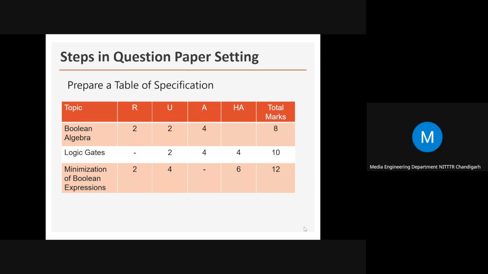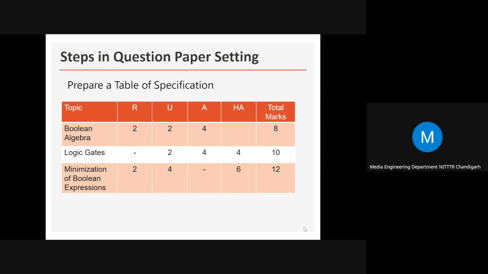Here you can see that out of 30, 4 marks have been assigned to remembering, 8 marks to understanding, 8 marks to applying, and 10 marks to higher than applying. So our question paper is divided across different levels of Bloom's taxonomy, right? Generally, the common observation is that if we see question papers of various classes, most of the questions are related to remembering or understanding. The present day trend is that most questions are asked related to remembering or understanding.